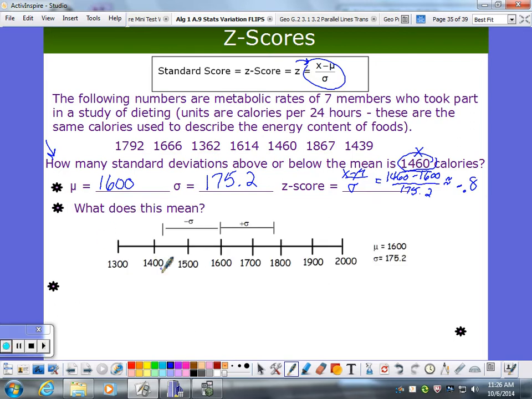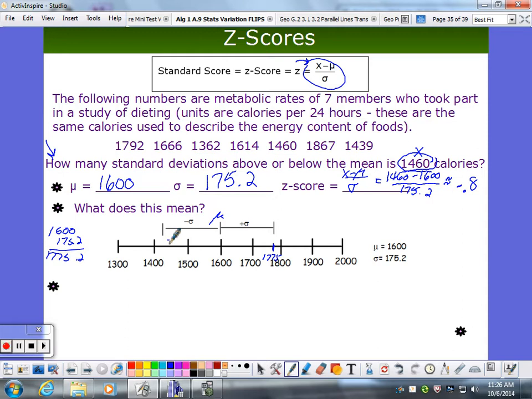So what's happening here? Here's my mean of 1600. If you add 175.2, what's that value? Whatever that is, 1600 plus 175.2, it's over here someplace, about 1775-ish.